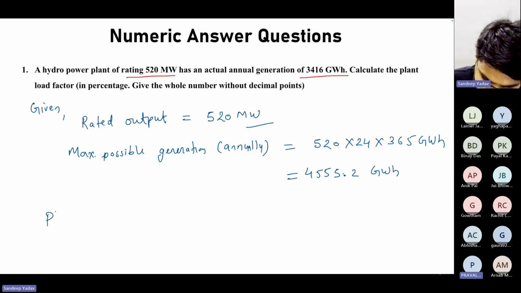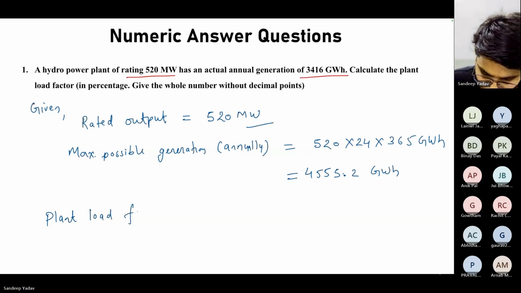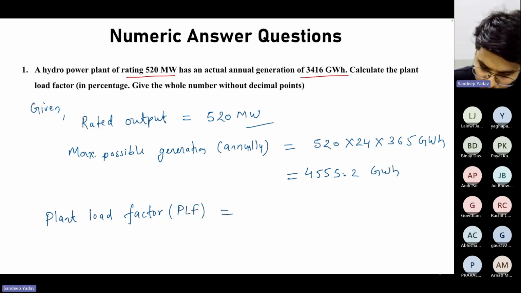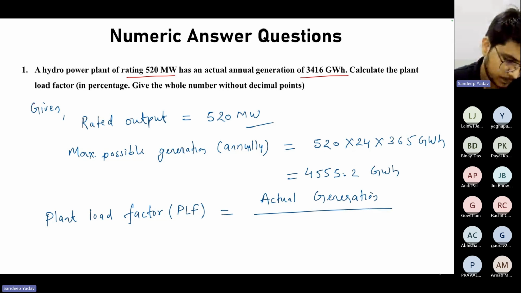Now, what is plant load factor? That's PLF. PLF is actual generation divided by rated generation.